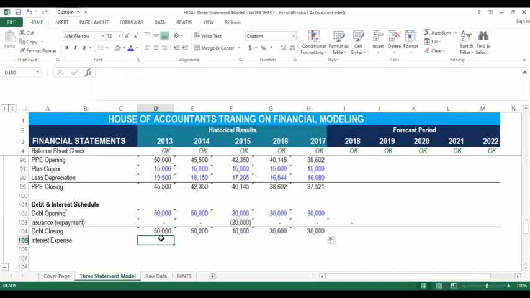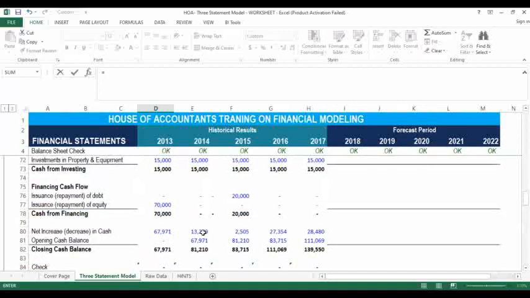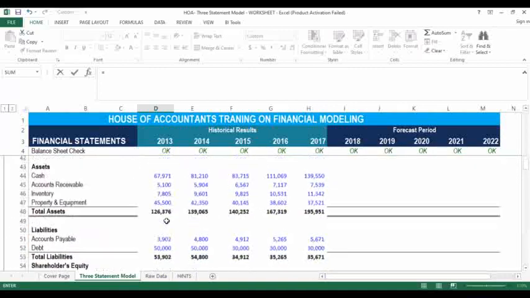Okay, so what is the interest? The interest in this case will come from interest expense. And what will be our interest expense? From this question, our interest expense would be right from our income statement.